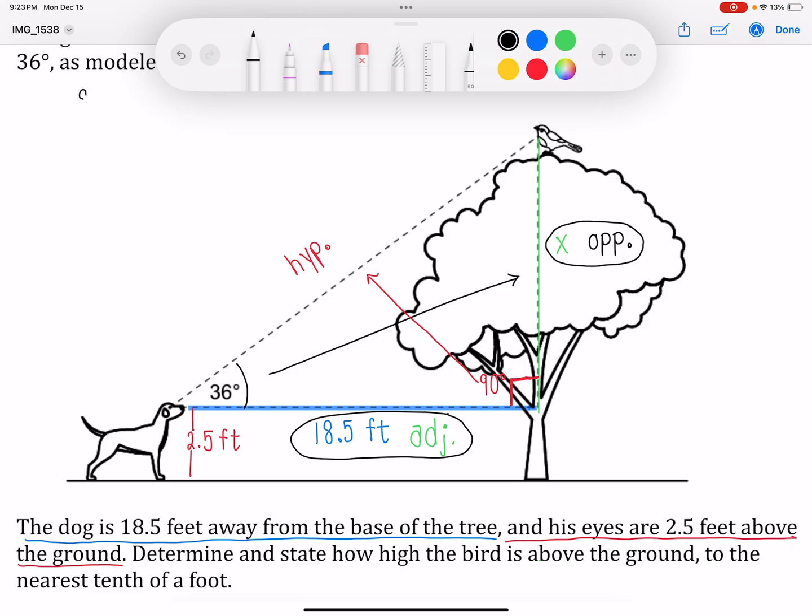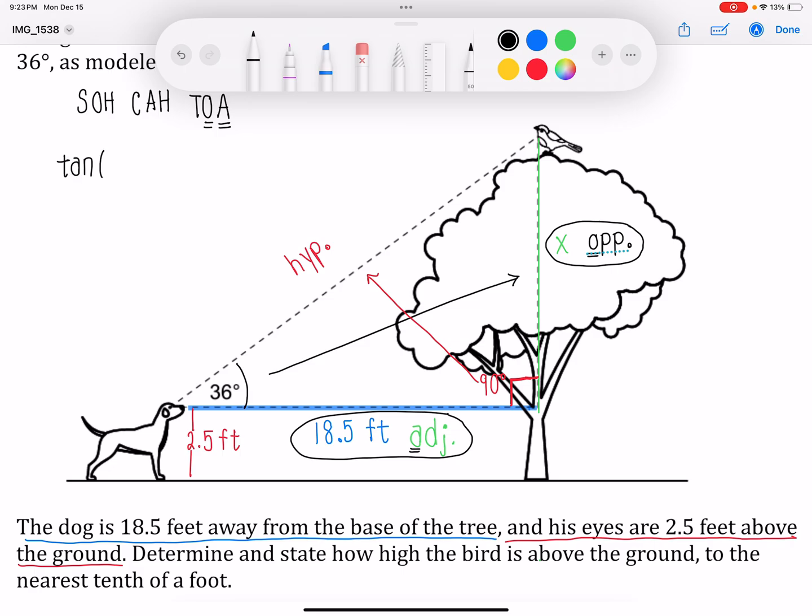And when I write SOHCAHTOA at the top of this problem, I see that I'm going to use the trig function that has O and A. So the only trig function that uses O and A is tangent, TOA.